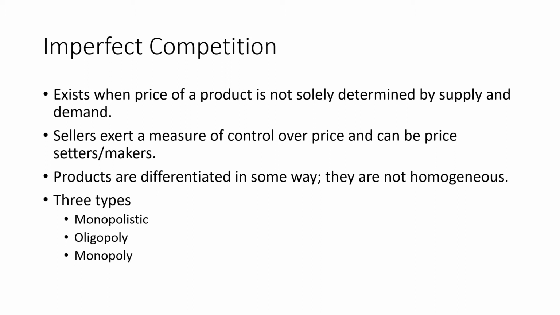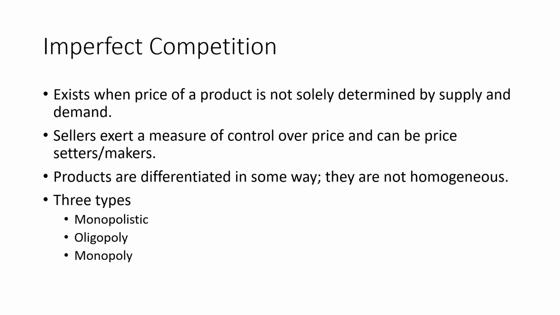So imperfect competition is different. Imperfect competition exists where the price of a product is not completely determined on supply and demand. The people who produce the product have the ability to set a price to an extent. So they don't just take the price that the market is offering because their product is differentiated in some way.